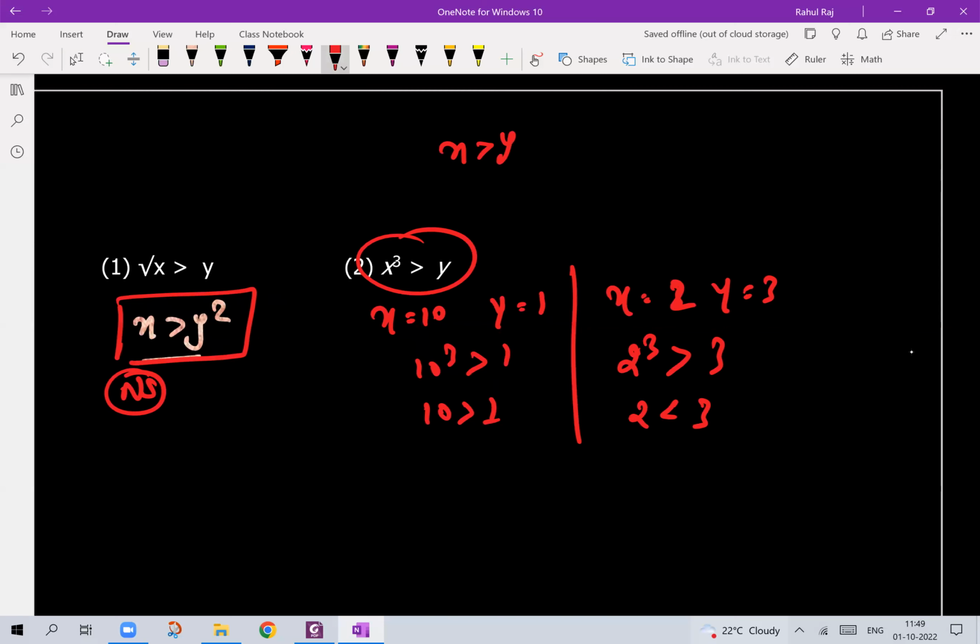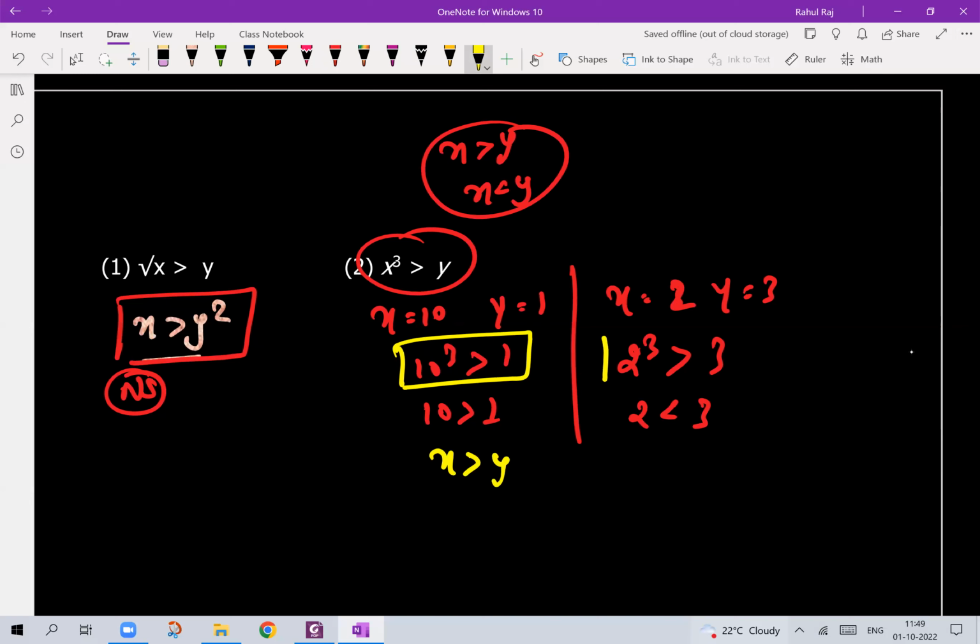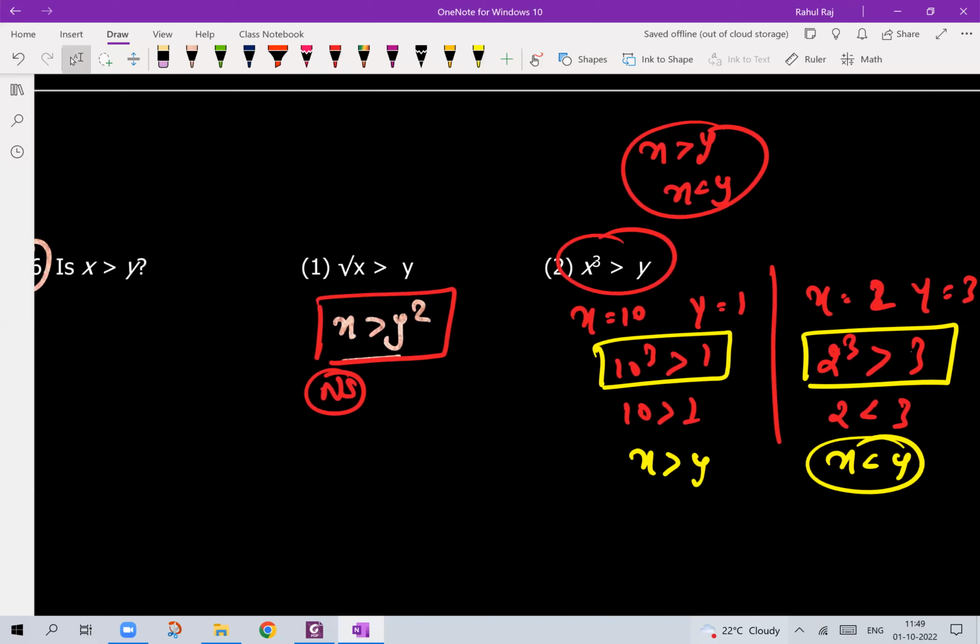X could be greater than y or x could be less than y and x cube will still be greater than y. Check here. x cube is greater than y, x is greater than y. x cube is greater than y, x is less than y. Simple logic. I can say not sufficient. Now, you have 100% proved that these two statements are not sufficient. I hope there is absolutely no confusion over here, just taking numbers and doing it.